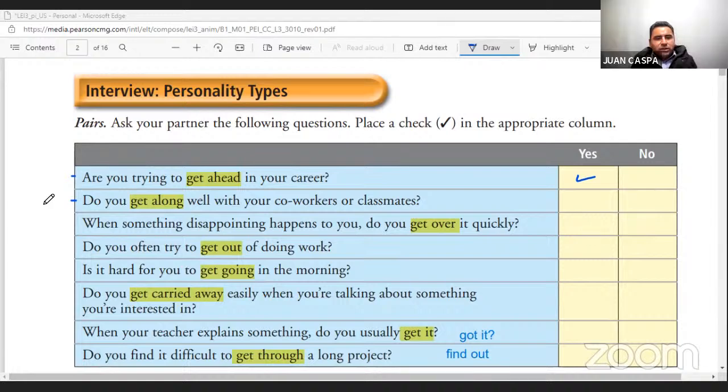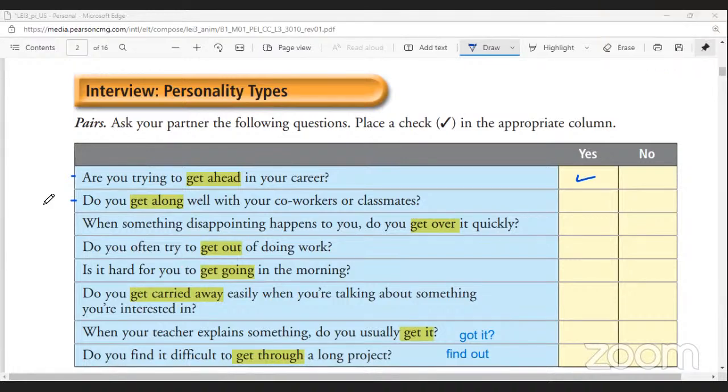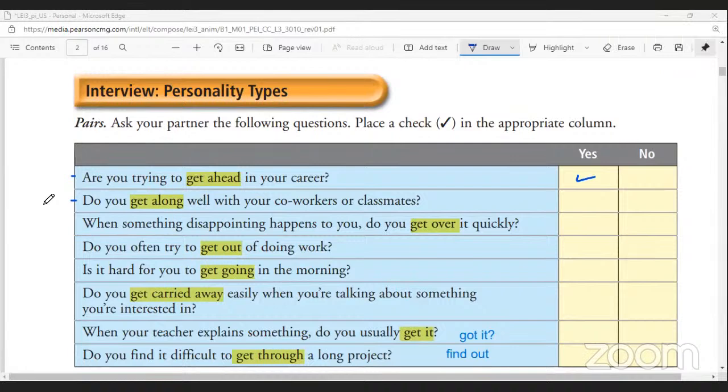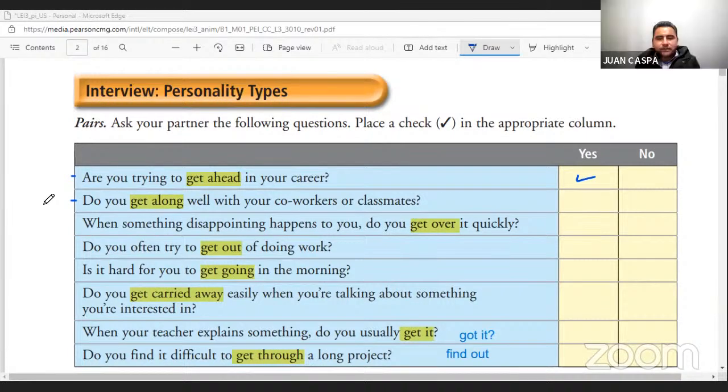Do you remember what's the meaning of get along? Llevarse bien, right? Okay. I get along, yes, I get along very well with my coworkers.